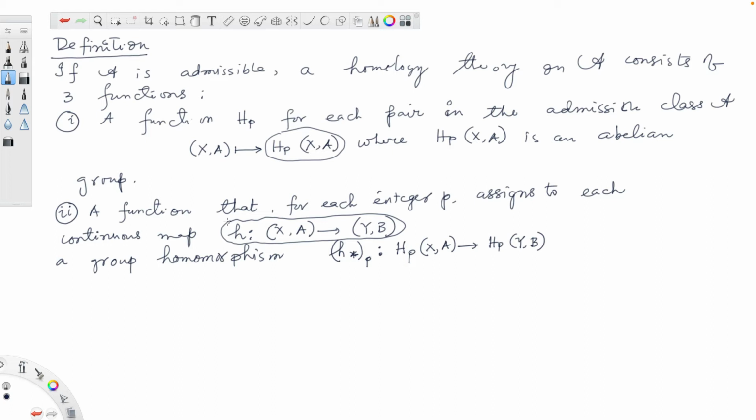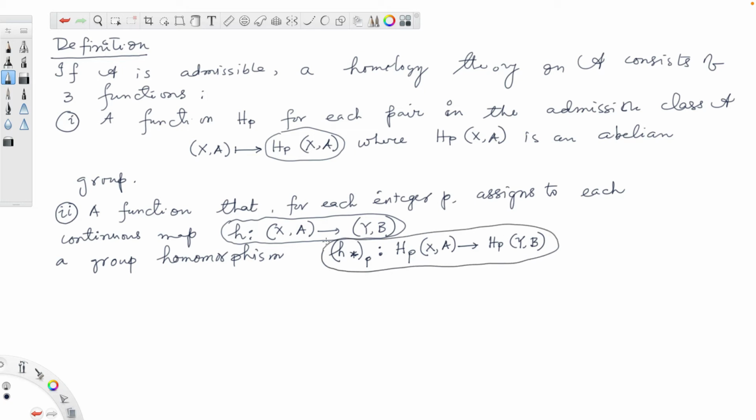This is the category of admissible pairs of topological spaces, and H is a morphism there. So X comma A is an object there, Y comma B is another object, and H is a morphism between them. And H star at P is the corresponding group homomorphism in the category of abelian groups here.